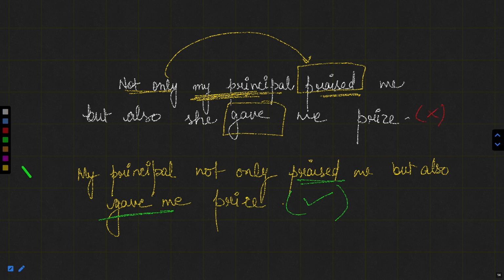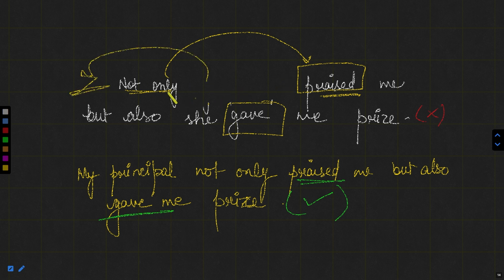So this will be the correct sentence, not the other, because my principal is not the option. It should come in the beginning of the sentence. My principal not only praised me, so first thing that is included is praised.